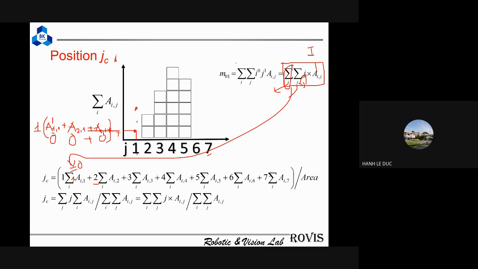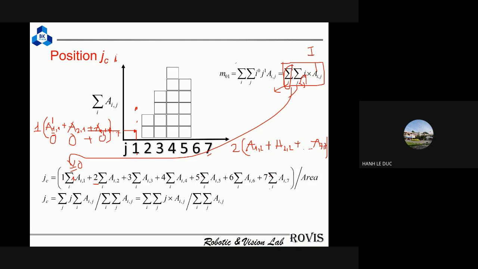How about this one? 2 multiplied by A12 plus A22 plus A32, until A77.